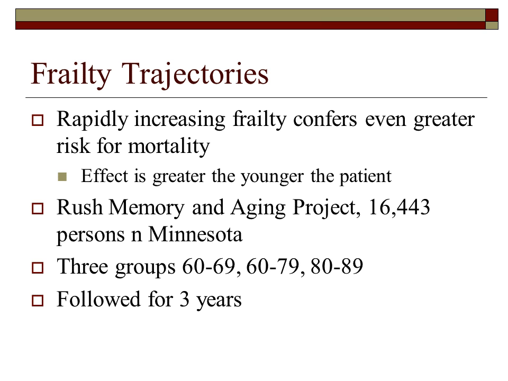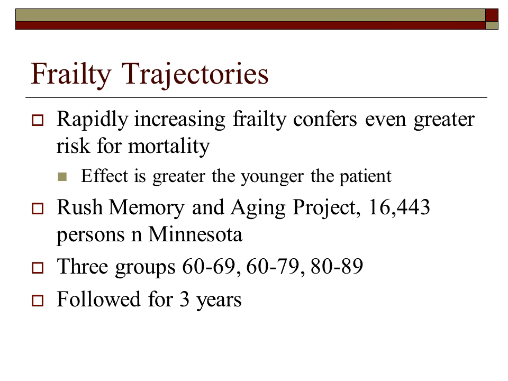They looked at 3 groups of people, 60 to 69, 70 to 79, and 80 to 89, and they followed them over 3 years. This was in the Rush Memory and Aging Project in Minnesota, involving 16,000 persons.